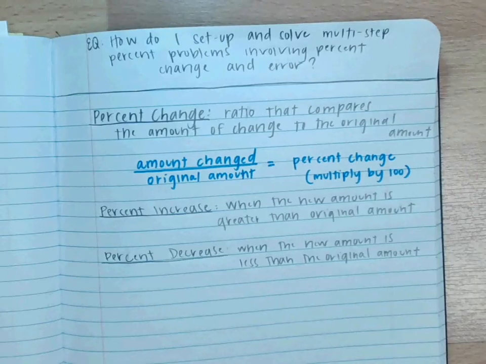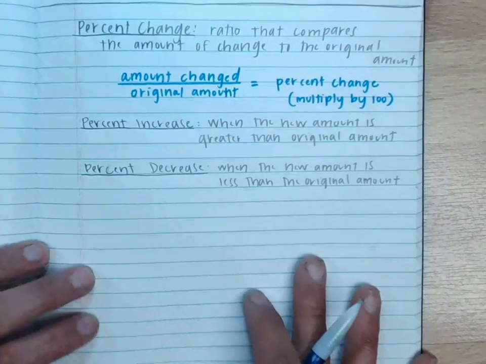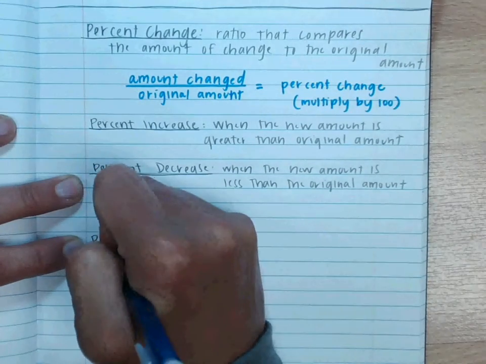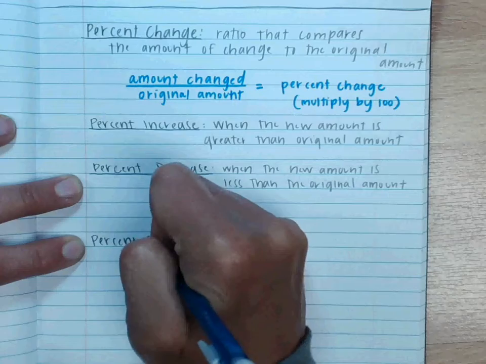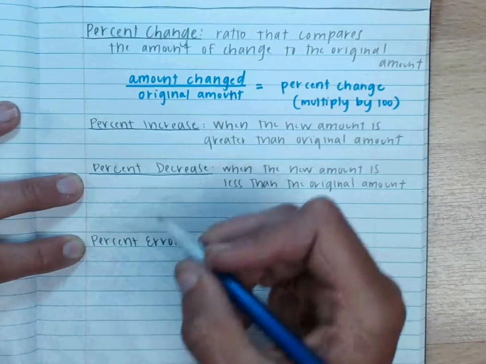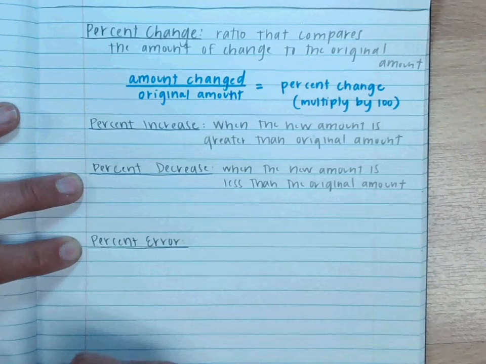Okay, now the other type of problem that we're going to see during this lesson is called a percent error. And this is very similar to a percent change, but this time it's more about someone estimating something and being off by a certain amount.